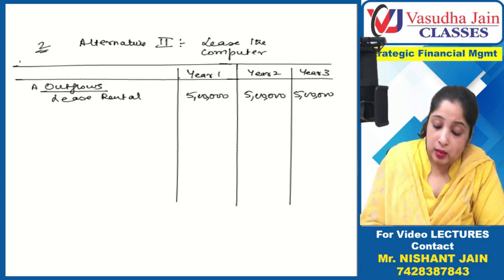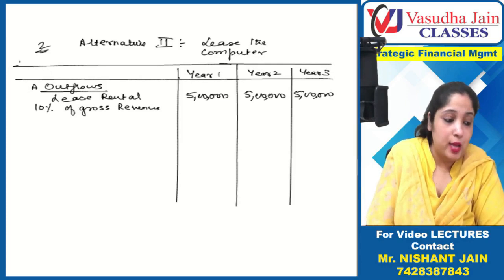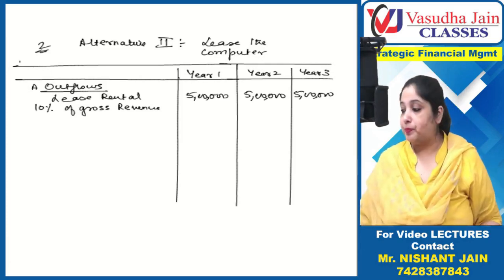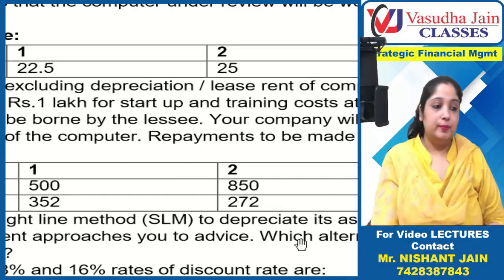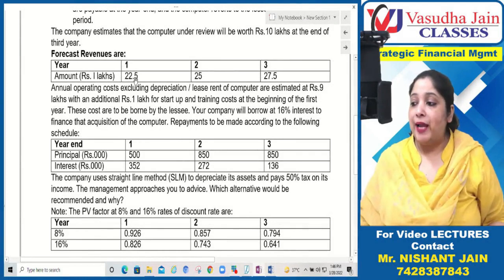Then the 10% of gross revenue you have to pay them. Now what is the gross revenue? Let us check in the question. What is the gross revenue in the question? Yes, please. 22.5 lakh.